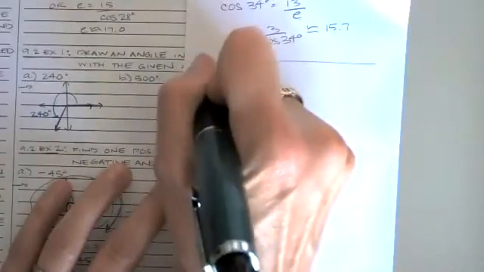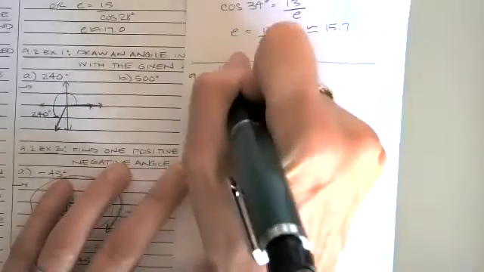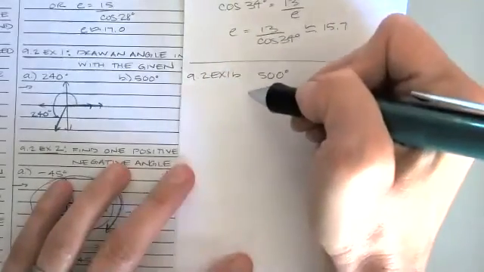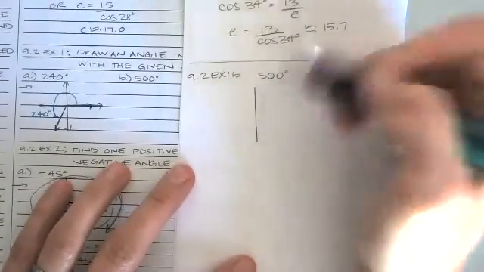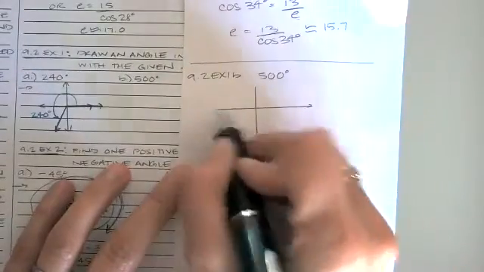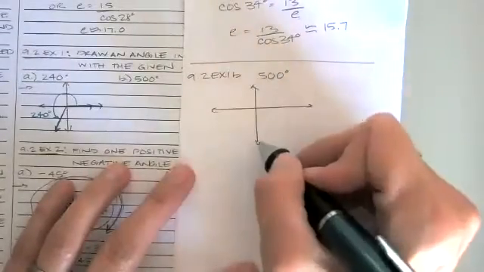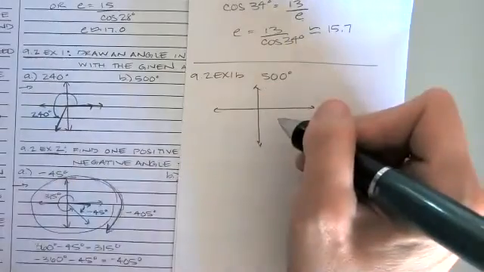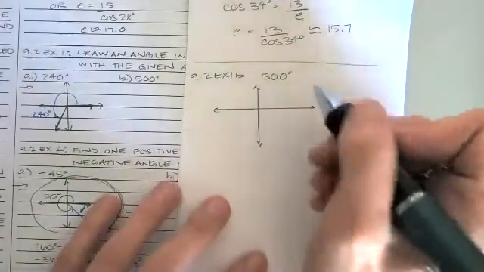All right, so we're ready for part B. We have to graph the 500 degree angle. There are 4 right angles, so 4 times 90 is 360 degrees.